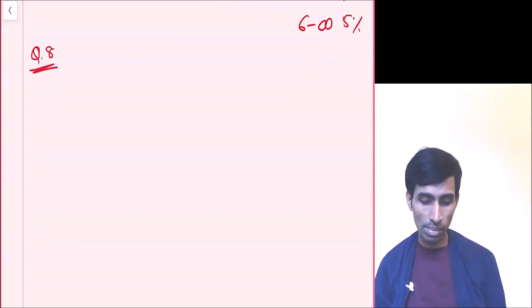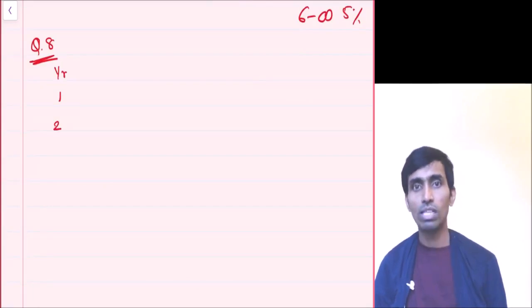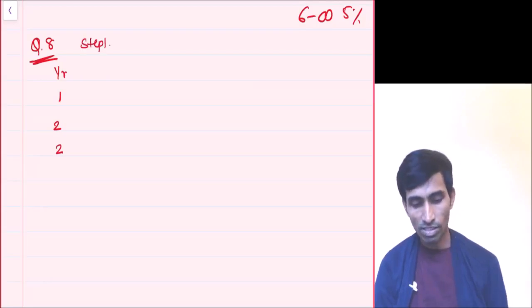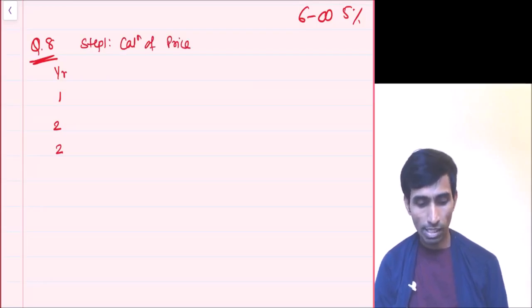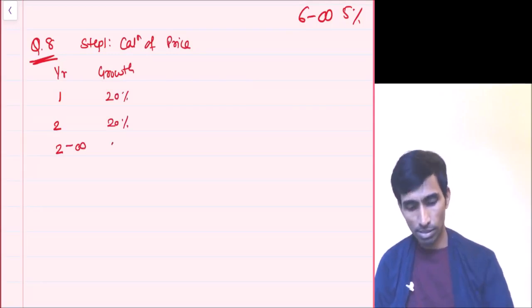Remember, year 1, 2, again I will write here 2. This is step 1, calculation of price. Here growth is 20% for the first 2 years, and from 2 to infinity they are saying 10%.